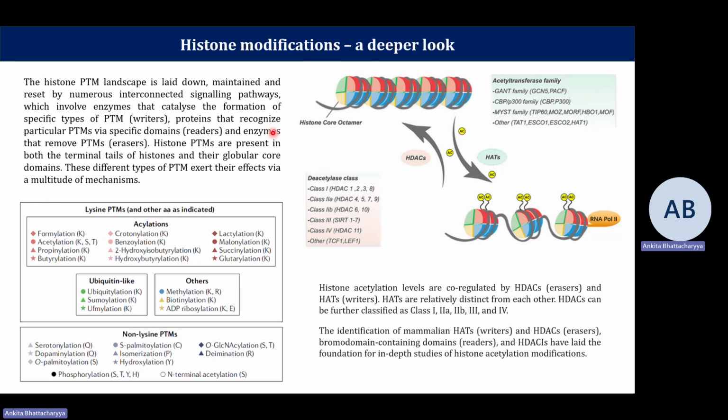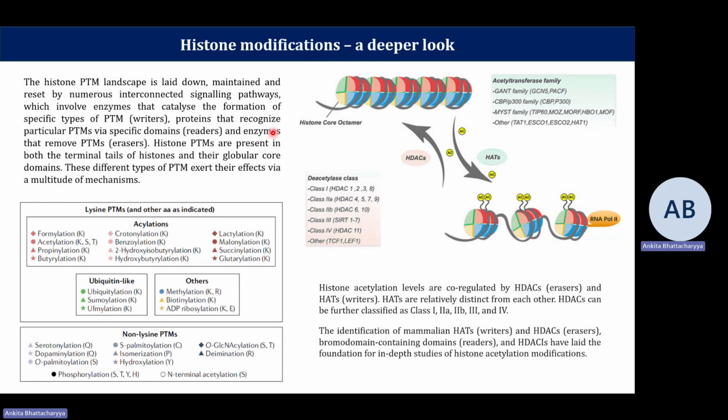Histone PTMs are present in both the terminal tails of histones and their globular core domains, and these different types of PTMs can exert their effects via a multitude of mechanisms. Keep in mind here we have only talked about histone PTMs that are present in the terminal tails because they have a major role to play.